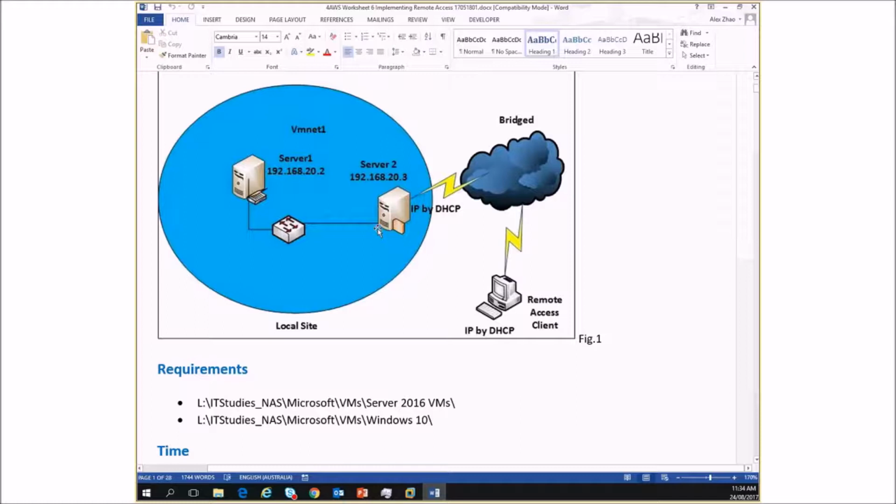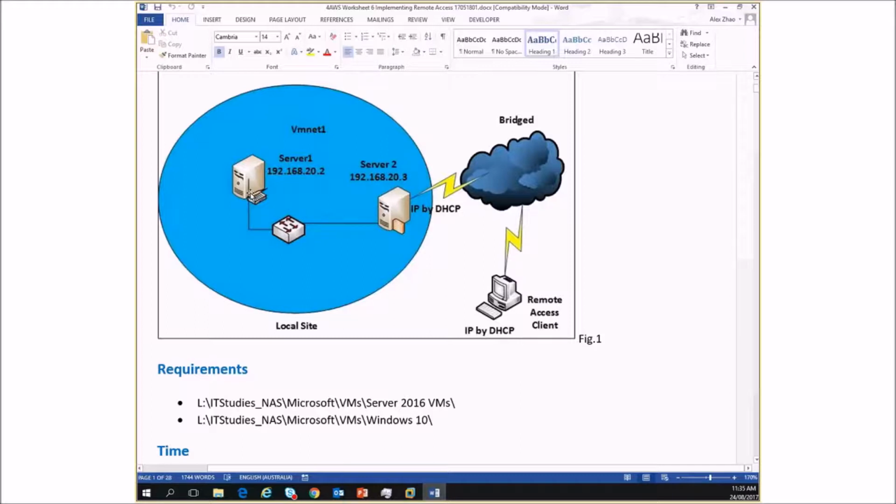But in real life, it might be .1, might be .254, wherever you've designed your network IP addressing. In this case, it's .3 because server 2 has always been configured as .3, and this time we've made it into a VPN server or RAS server instead. So .3 will become the gateway for this computer.